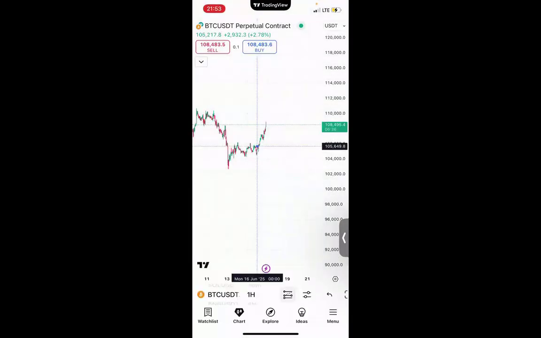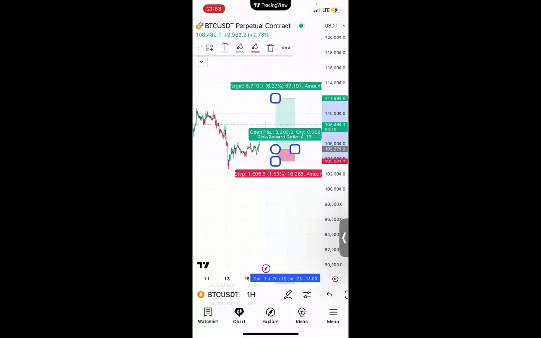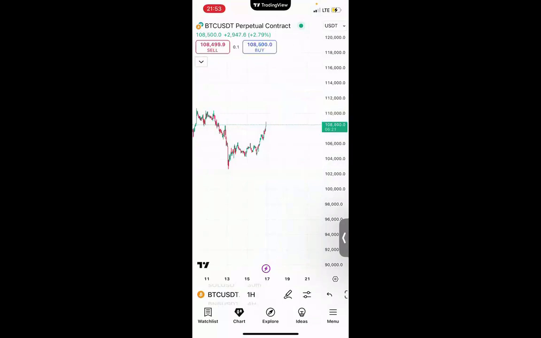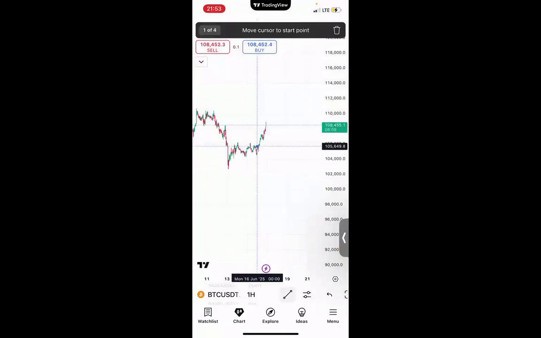If I was buying, I'll just buy from here and place my long position tool, and also make my target here. And I can decide if it's a 1 to 2 or 1 to 3 risk-to-reward ratio and all of it. There are a couple of other tools that we can use, like the path tool to draw our market directions. We also have our trend line to mark out our trend.